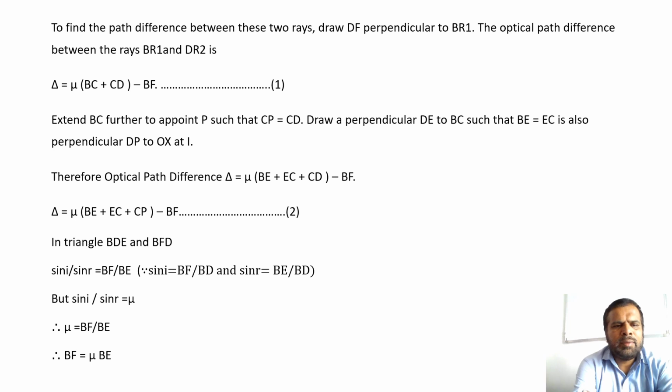In triangles BDE and BFD, sin I by sin R is equal to BF divided by BE, because sin I is equal to BF by BD and sin R is equal to BE divided by BD. But sin I by sin R is equal to mu. Therefore, mu is equal to BF divided by BE, or BF is equal to mu into BE.